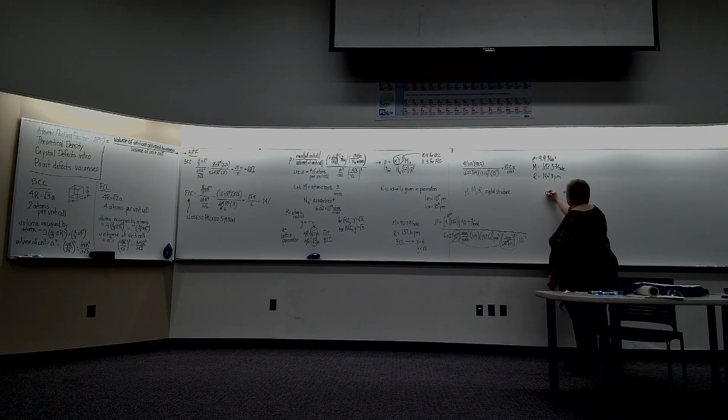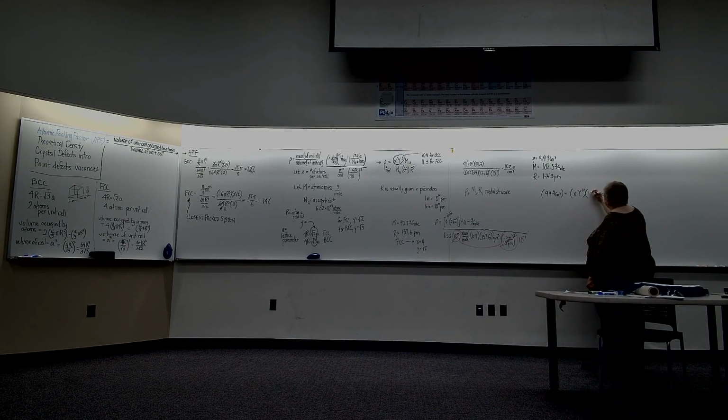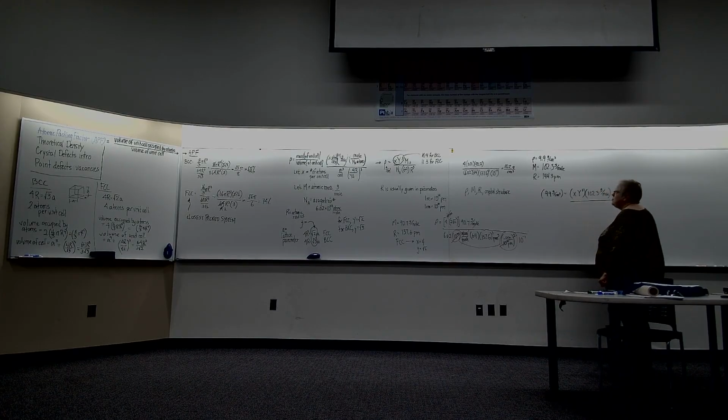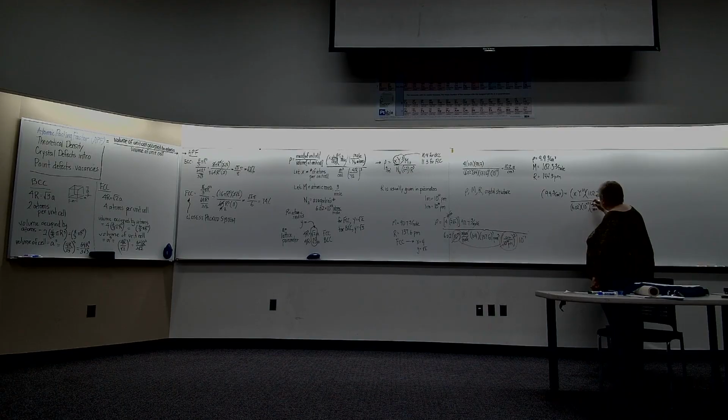So I know then that 9.9 grams per centimeter cubed is equal to xy cubed times m, 102.3 grams per mole, divided by Avogadro's number, 6.02 times 10 to the 23rd atoms per mole. And this is atoms per cell.